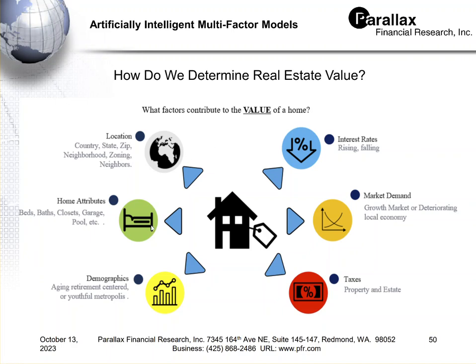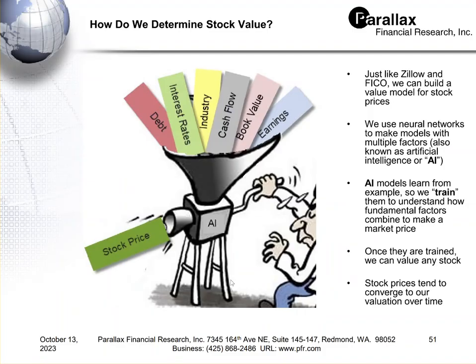All of these are important in determining what the value of that house is. Similarly, with equities, we have to consider all of these factors: earnings, book value, cash flow, what industry you are in, interest rates, debt, inflation, a number of things, if we want to turn the crank and find what a reasonable price is.